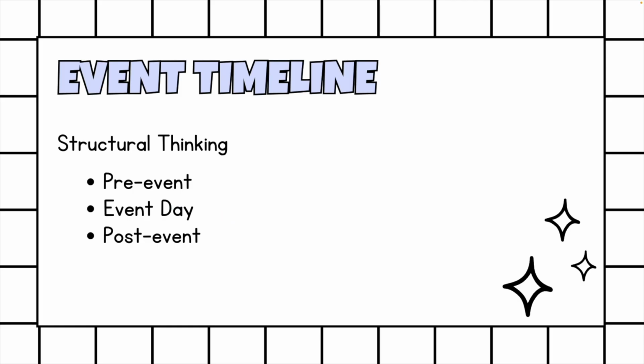This is where the plans that we made in the pre-event phase are set into motion. This is why having these timelines in place is great, because you want to be adaptable and ensure everything runs smoothly, right? And then post-event, which involves reflection and follow-ups. This is where you're going to be gathering feedback, assessing the outcomes, and identifying areas for improvement.